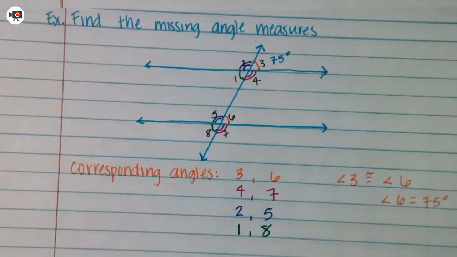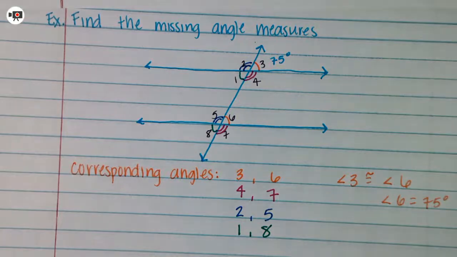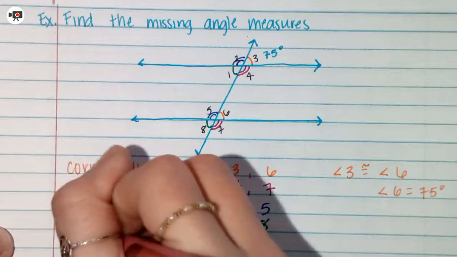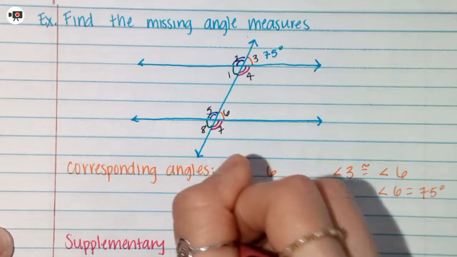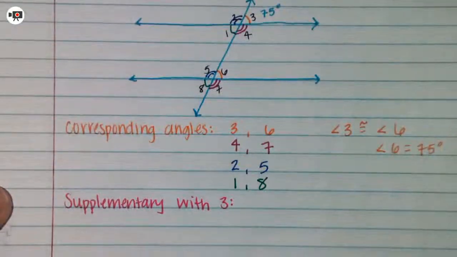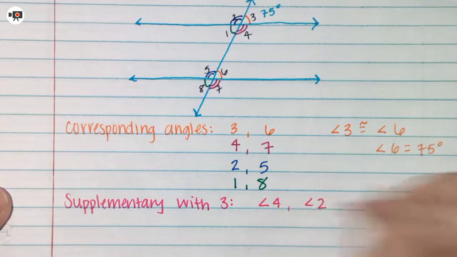Now I know that 3 and 4 are supplementary. Supplementary with angle 3 is angle 4 and angle 2.